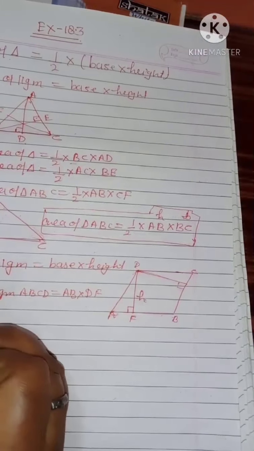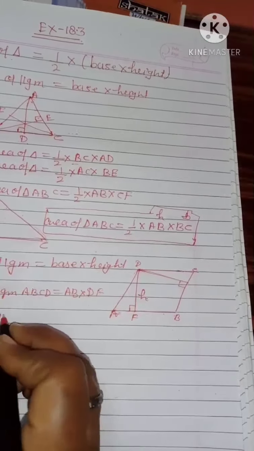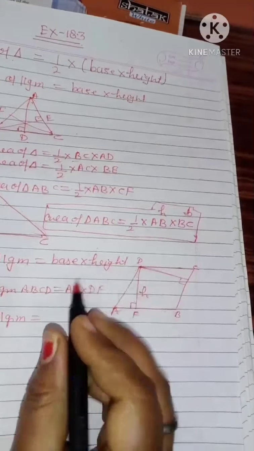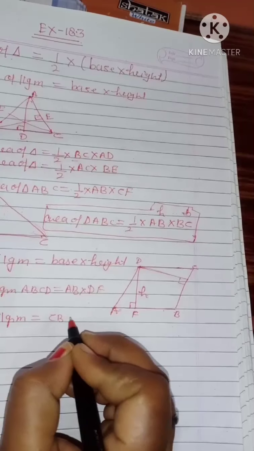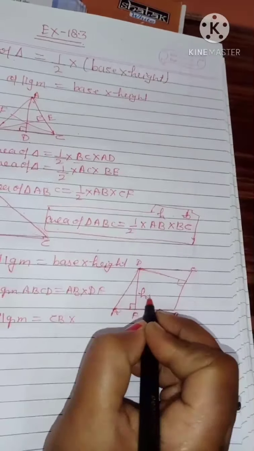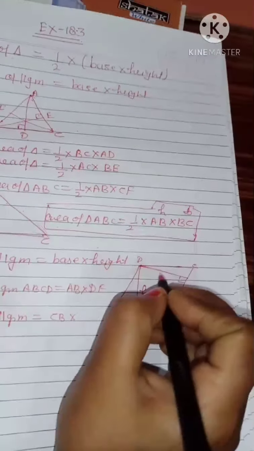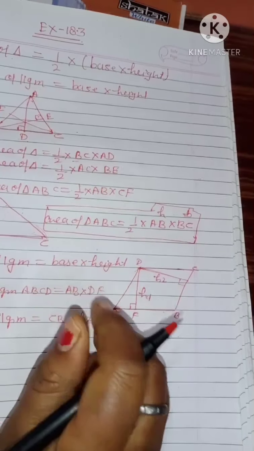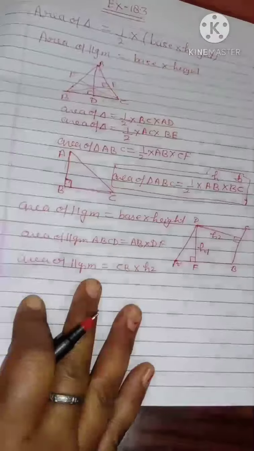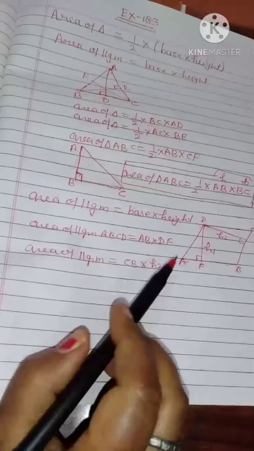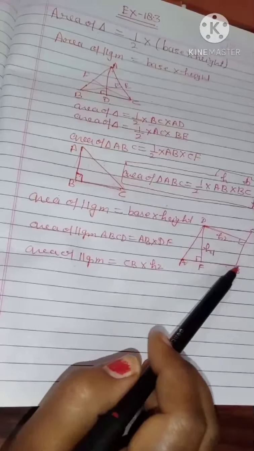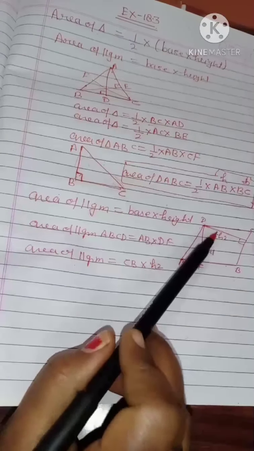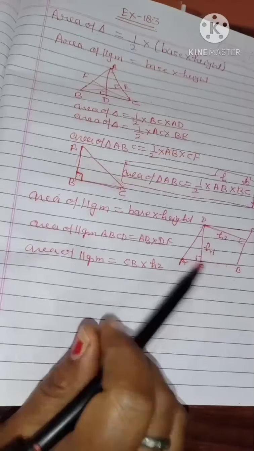Area of parallelogram is equal to base, which will be CB, and height will be, suppose this one is H1 and this is H2, CB into H2. In both ways, if you calculate the area, it will come out equal. आप किसी भी तरीके से calculate करेंगे, area will come equal.